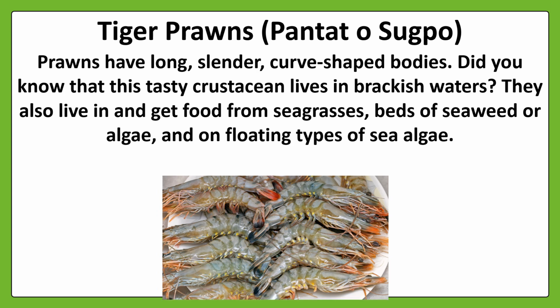Prawns have long, slender, curve-shaped bodies. Did you know that this tasty crustacean lives in brackish waters? They also live and get food from seagrasses, beds of seaweed or algae, and on floating types of sea algae.